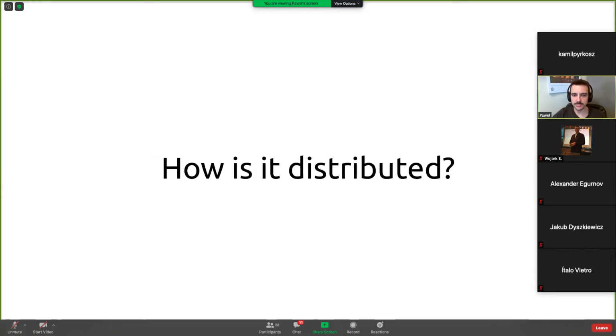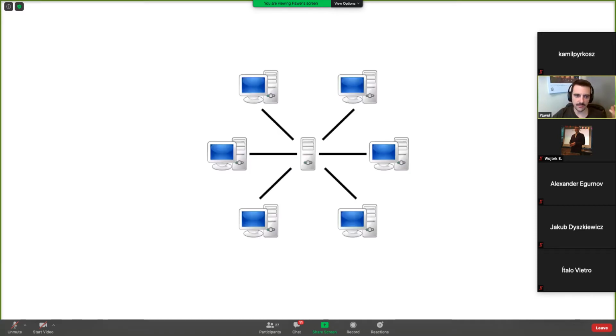And how is it distributed? As most of you know, we can have a centralized structure where we have a central server and separate clients which communicate with this server. But this is actually very problematic if you want to be independent of one single party that controls everything.